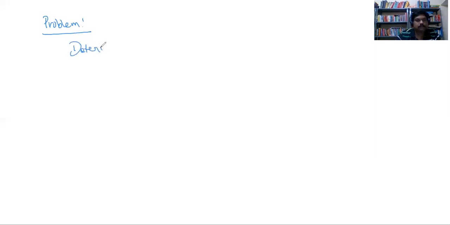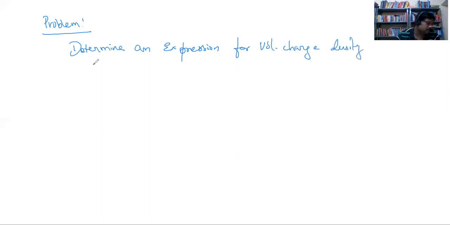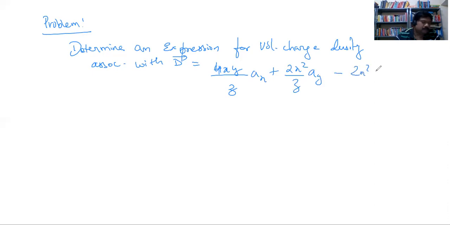Determine an expression for volume charge density associated with D given as 4xy by z ax plus 2x square by z ay minus 2x square y by z square az. So you have to find out rho v.